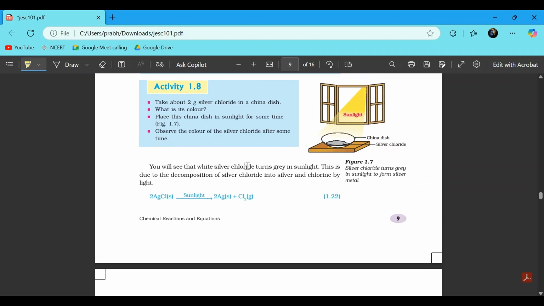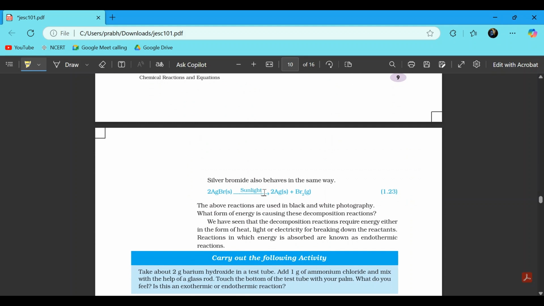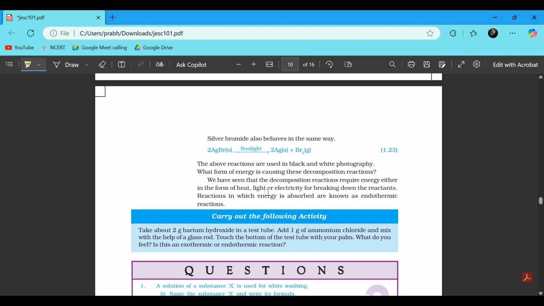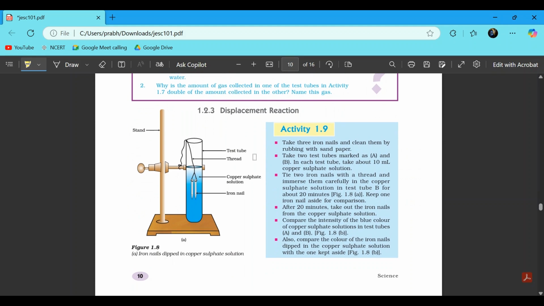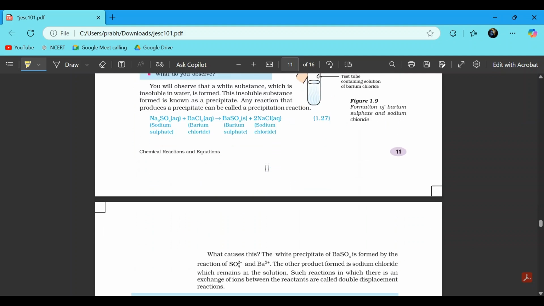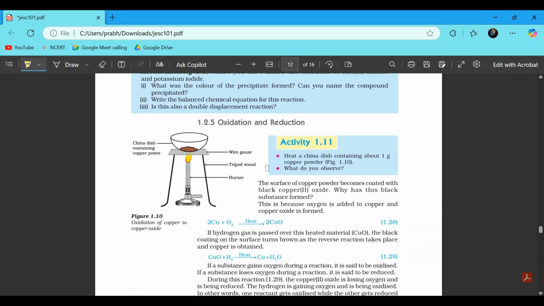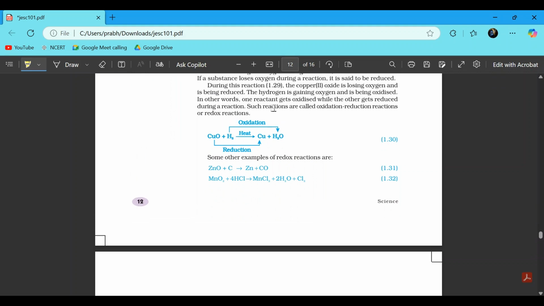Also, what happens when AgCl is kept in the sunlight and the reaction takes place. AgBr is the same way. Silver bromide and silver chloride, both questions come. Displacement reaction is there. What happens in a displacement reaction? These are all reactions.